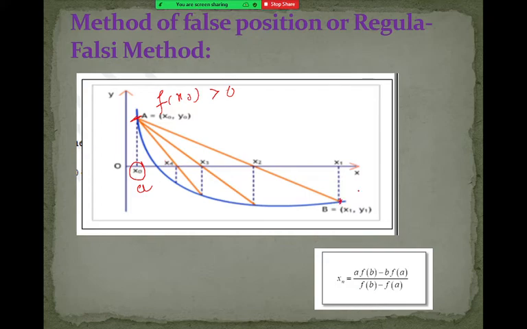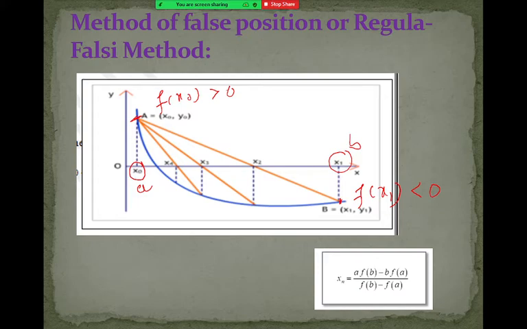This point here is f of say x1. Actually x1 is like b here, so f of x1 is less than 0. You'll observe there are two endpoints whose functional values have the opposite sign. So that is the initial condition.